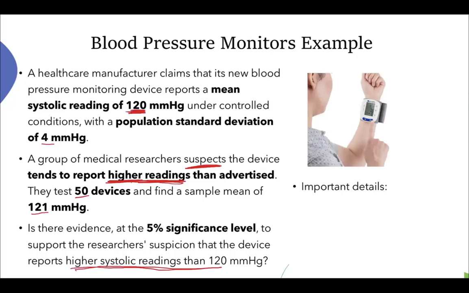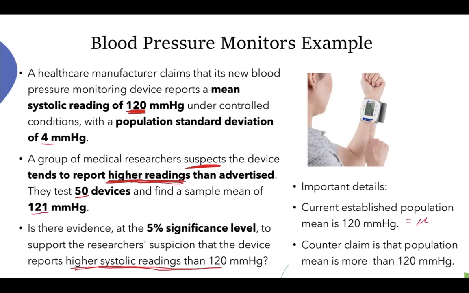So, important details that we get out of reading this problem. We get that the current established population mean is 120. That is our mu. We also get, by these phrases here and here, that the counterclaim is that the population mean is greater than or more than 120.